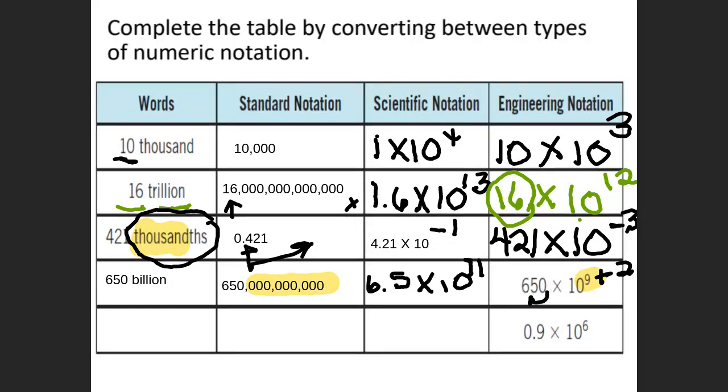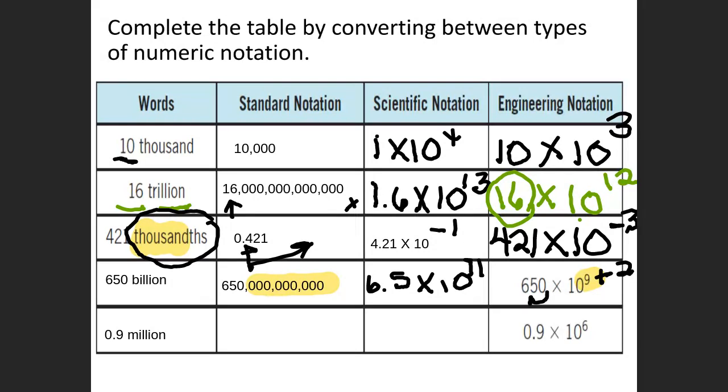Now this one is written as 0.9. Now 10 to the 6th power is million. 0.9 million. Standard notation.